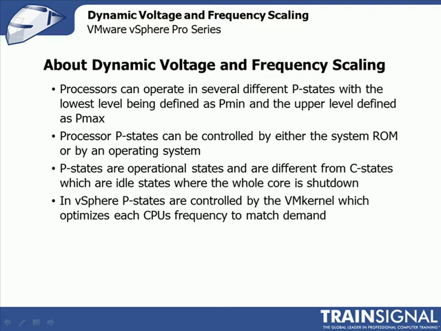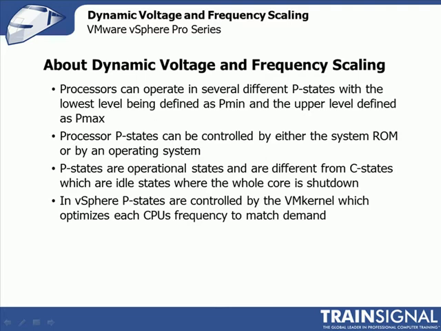P states are operational states, meaning the processor stays operational and it just switches voltages and frequencies as needed. This differs from C states, which are idle states where the whole core is shut down. vSphere currently only supports switching P states, but a future release will support using C states as well.